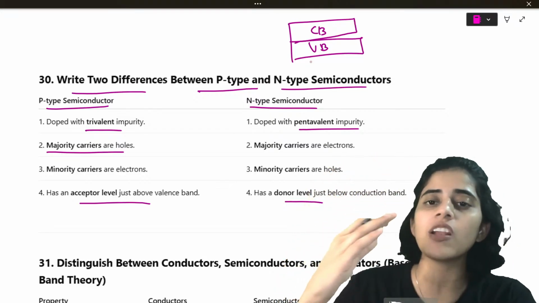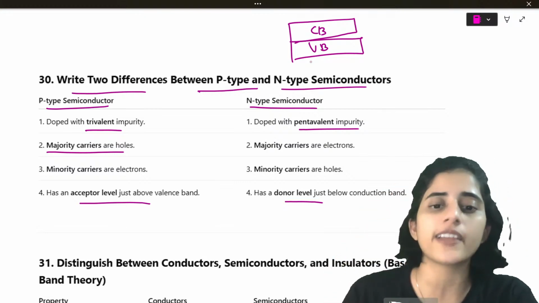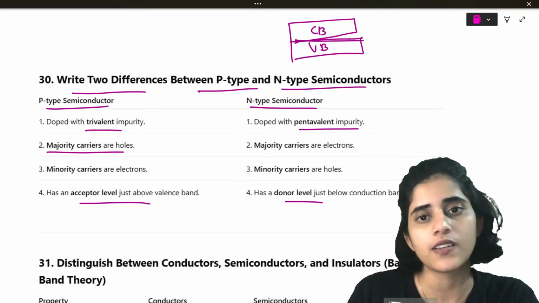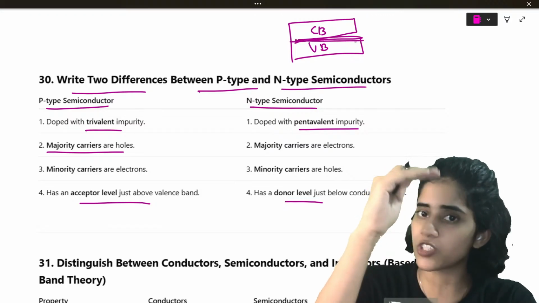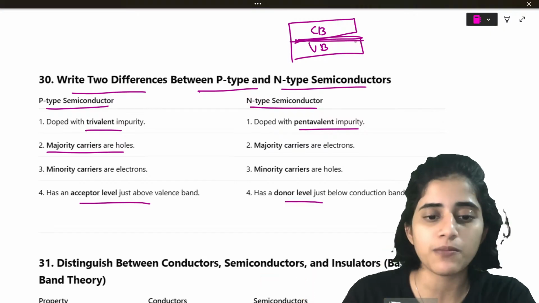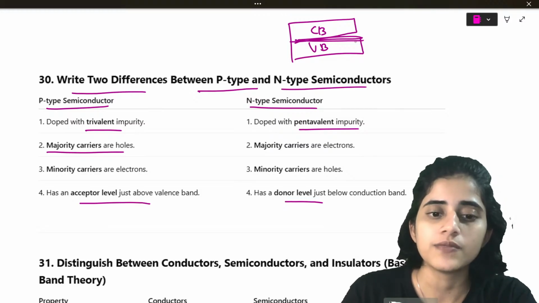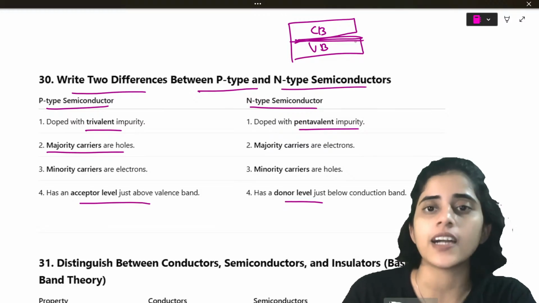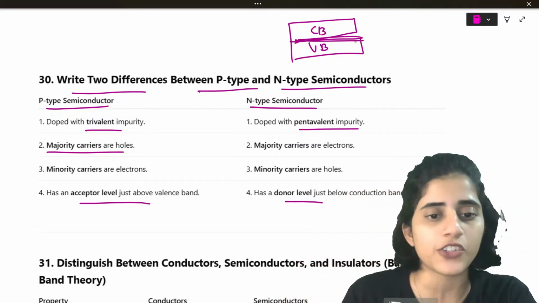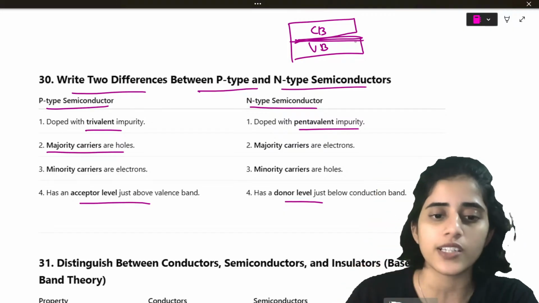The energy level where the 5th electron sits is called the donor level, and it is just below the conduction band. So donor level is a level very close to the conduction band, and electrons can easily jump into the conduction band from the donor level.